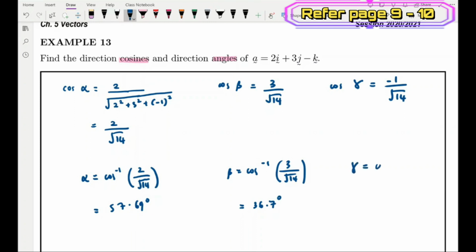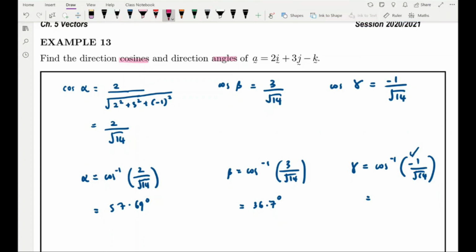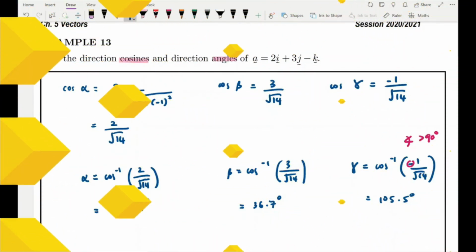And for gamma, we can get inverse cos negative 1 over root 14. The angle must be an obtuse angle, because the value is negative, okay? So when the value is negative, that means our angle must be greater than 90 degrees. So the answer is 105.5 degrees.